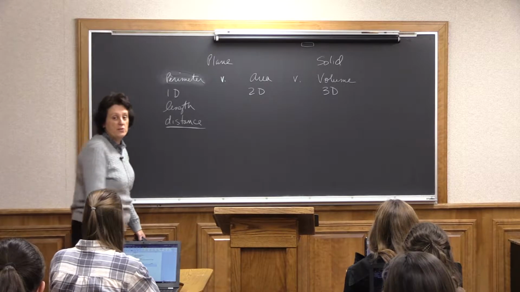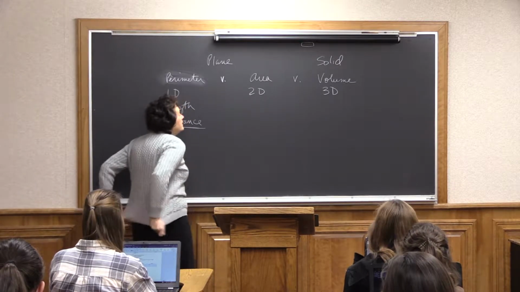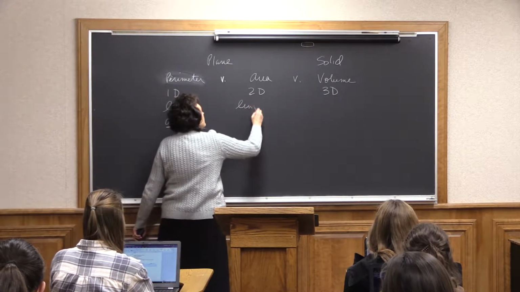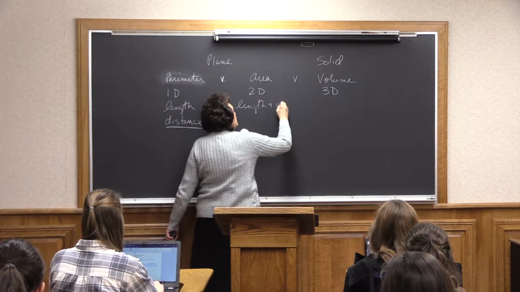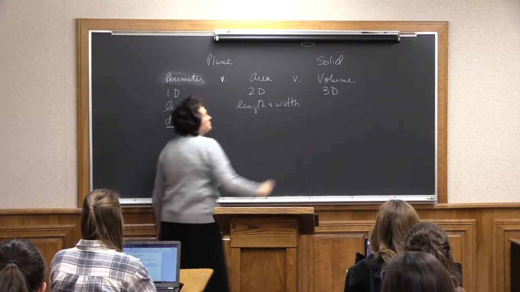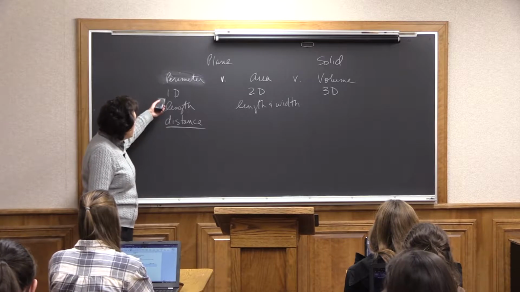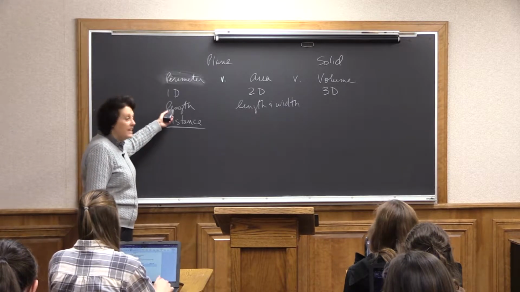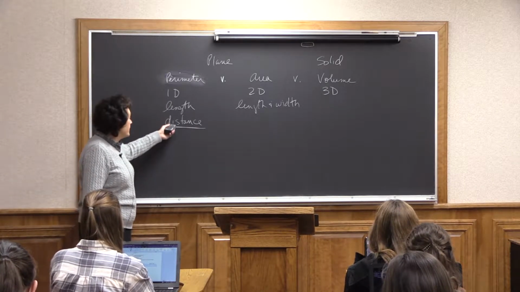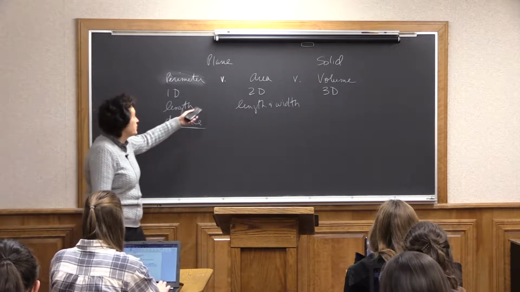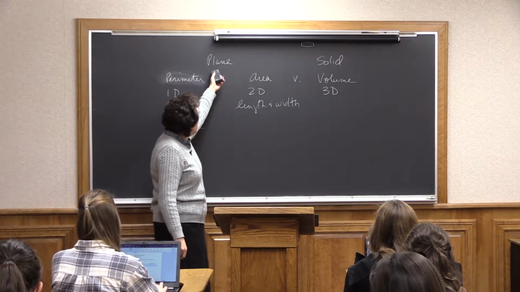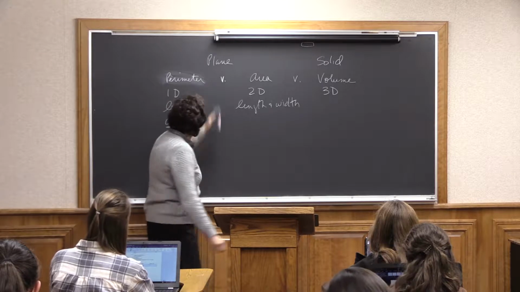What are the two dimensions associated with area? We're going to have length and width. Okay, so when we're dealing with perimeter, it's one-dimensional, it's length. Okay, it is infinite length, and this, of course, with a plane, with a line.